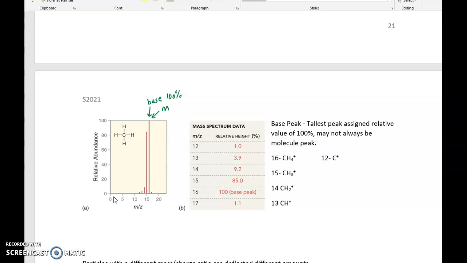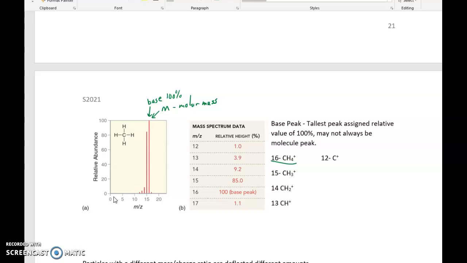And that molecular peak gives us our molar mass. In this particular case, we've got methane. Our molar mass of methane is going to be 16. And so that mark at 16 is the ionized methane. It's got a positive charge on it. It's knocked off an electron.